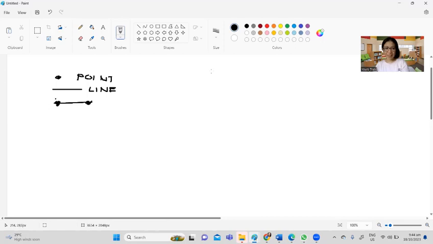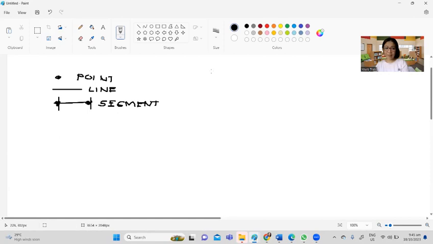It means that this line stops here and it stops here. So we call this a line segment.